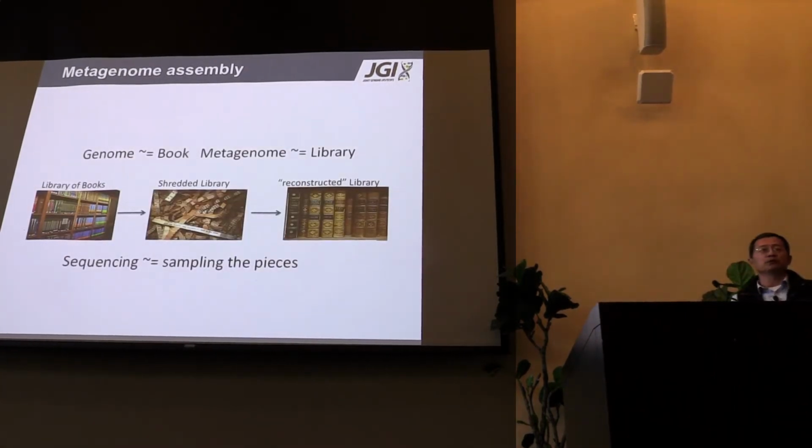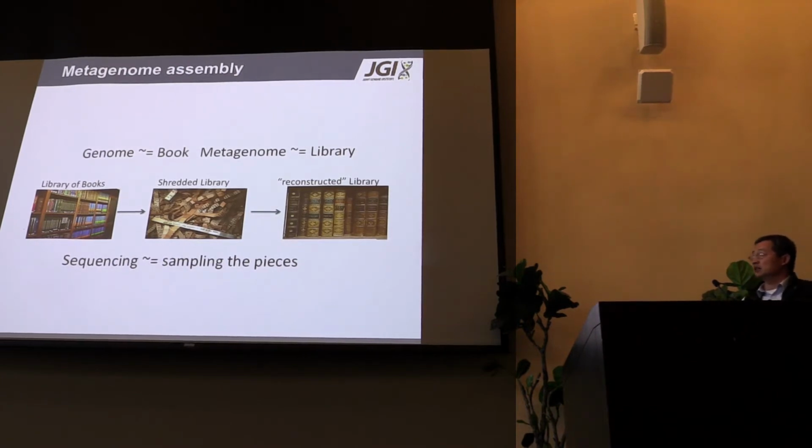So I know most of you are computer scientists, so I'm trying to use an analogy to describe the complexity of this problem. Each genome is equivalent to a book, and with a metagenome, we're really talking about a library of books. So the assembly problem for each genome is that we shred the book into random pieces, and the job is to put the pieces end to end together to recover the book.